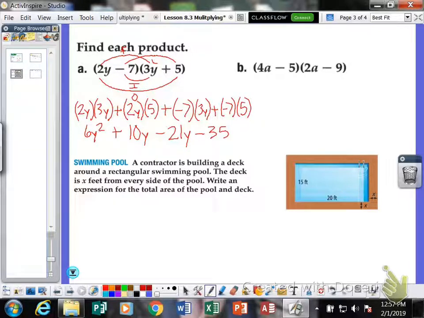Combine like terms, so we have 10y and we have a 21y. Those are like terms, so we have 6y squared minus 11y minus 35. And that is our final answer there.